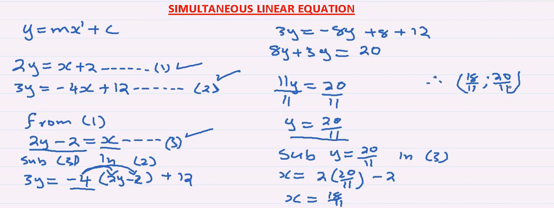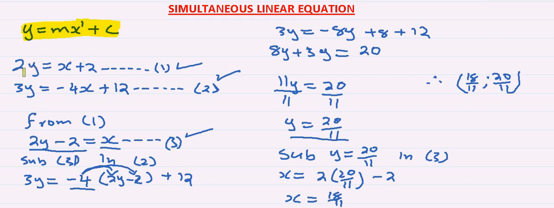So let's do a quick review of what we have done. Number one, we said a linear function has a degree of 1, meaning we are dealing with a straight line, and a straight line is given by the equation y equals mx plus c. This is a linear function.